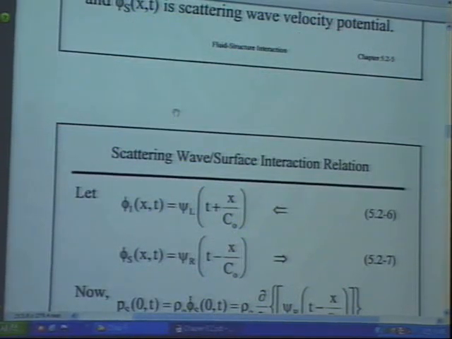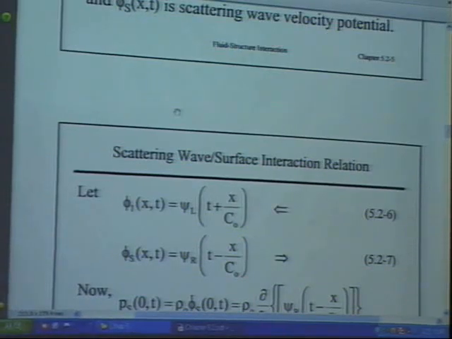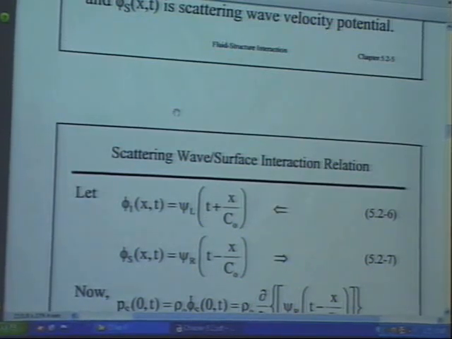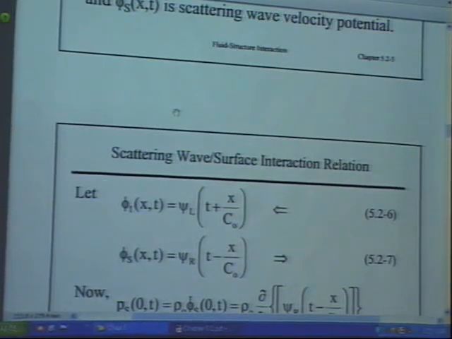Then here, in the defining process, phi_i of x and t is equal to, I use the function psi_L. Why do I put the L here?